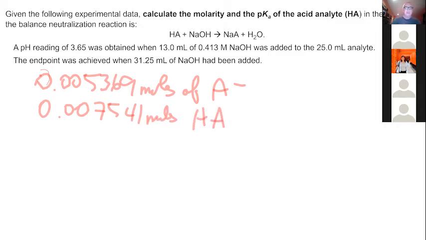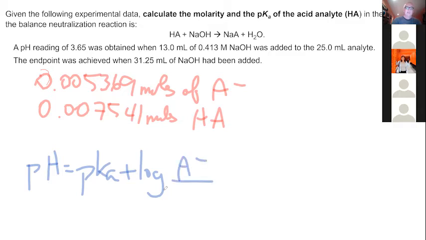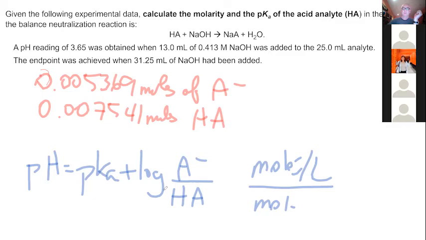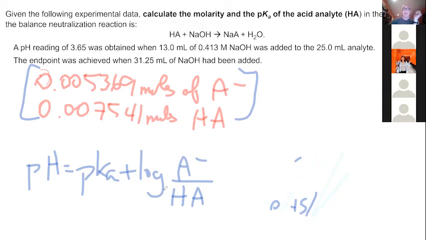And our equation is pH equals pKa plus log A minus divided by HA. So I just explained that in the Henderson-Hasselbalch equation, A minus and HA are given as concentrations. But the ratio of moles over liters divided by moles over liters is just moles over moles because the liters are the same. So all we need is the ratio of moles and moles. And that's what we have. We have those numbers here.